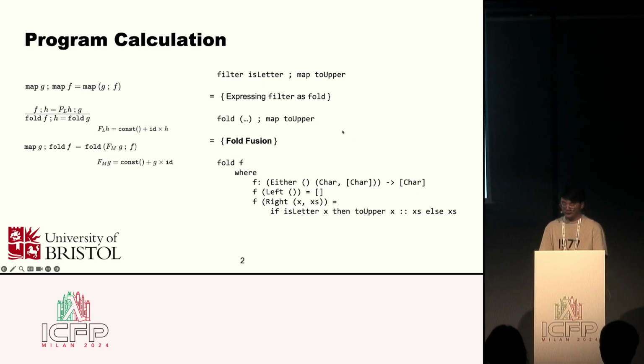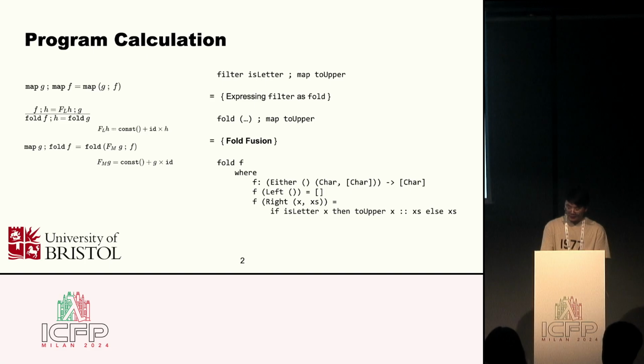So the benefit of calculating programs is twofold. Firstly, the resulting program is more efficient as it avoids producing the intermediate list compared to the original specification. And secondly, the initial specification is simple, whereas the final program contains a more complicated function f.